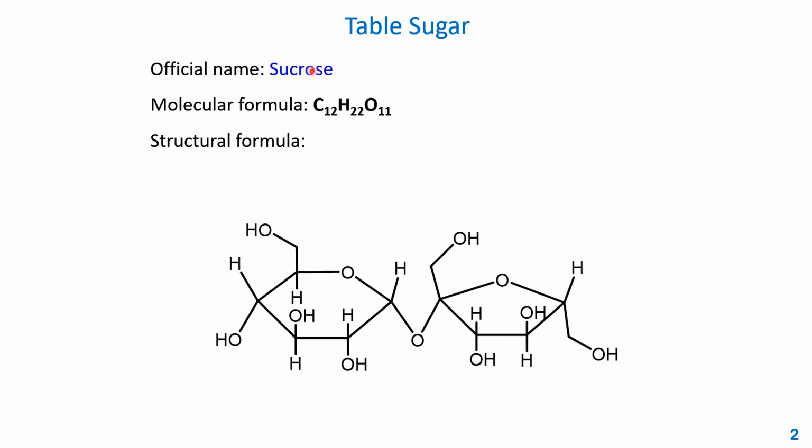And table sugar, the sucrose, actually is called a disaccharide because it has 2 monosaccharides. And you can also see a lot of hydroxyl groups here. So these hydroxyl groups will form hydrogen bonds with water. So that's why sucrose has a good solubility in water. Okay, this is the table sugar.